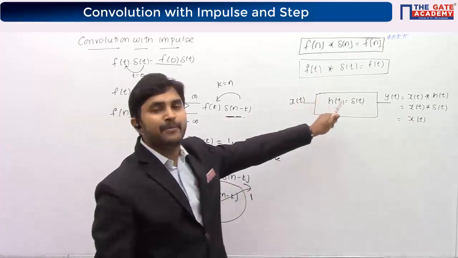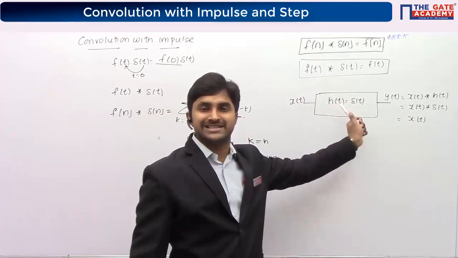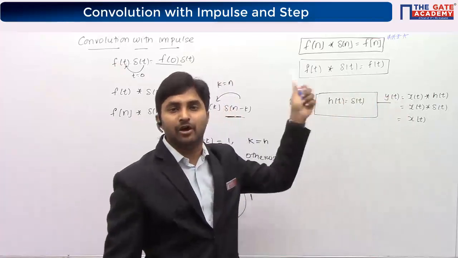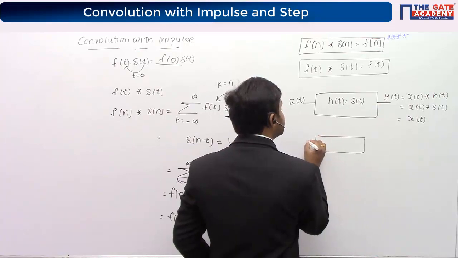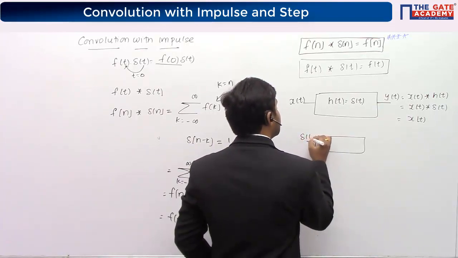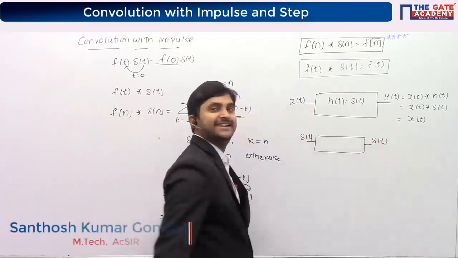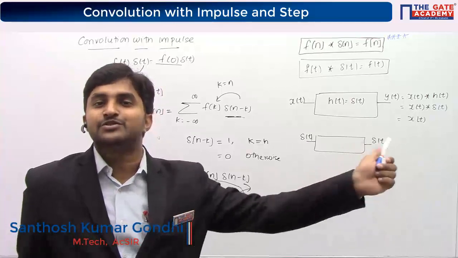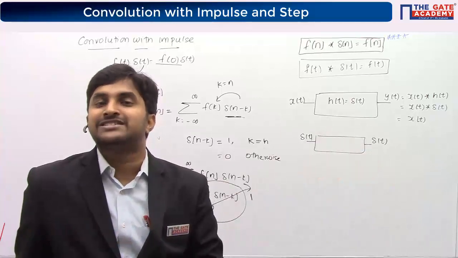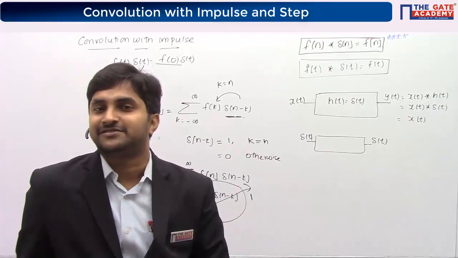This is what it means. Whenever your impulse response is nothing but the impulse itself, what is the meaning of this? It means that whenever you are applying the impulse as the input, the response is also the impulse. Then what is the system doing here?